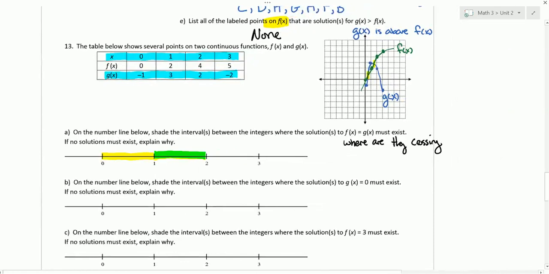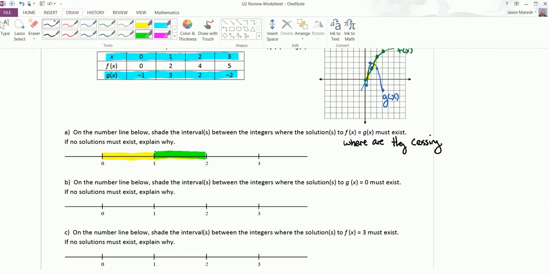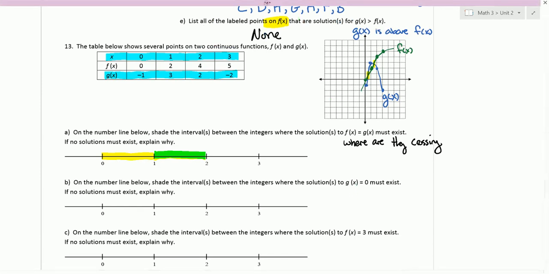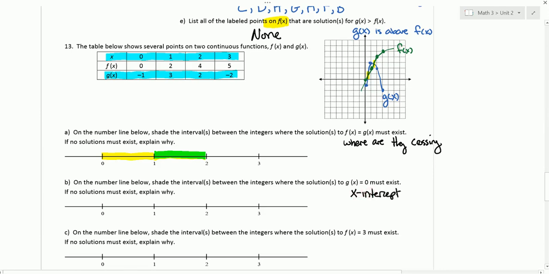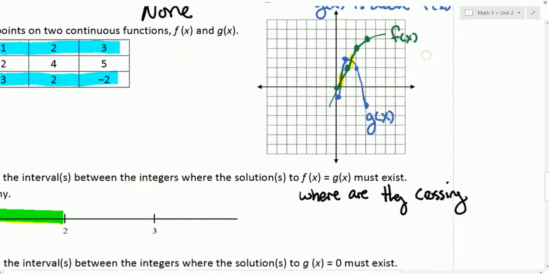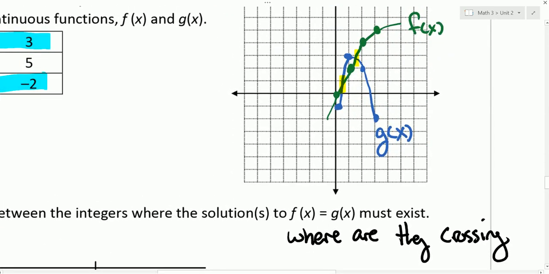B, on the number line below, shade the interval or intervals between the integers where the solutions to g of x equals 0 must exist. So g of x equals 0, that's saying, hey, when is g going to cross the x-axis, or where are the x-intercepts of g? So let's take a quick look at that. G is the blue graph.